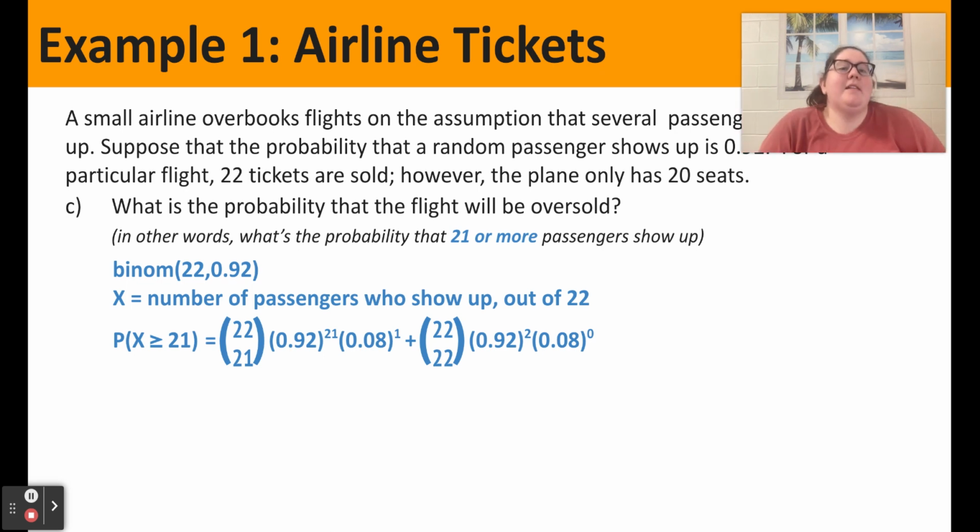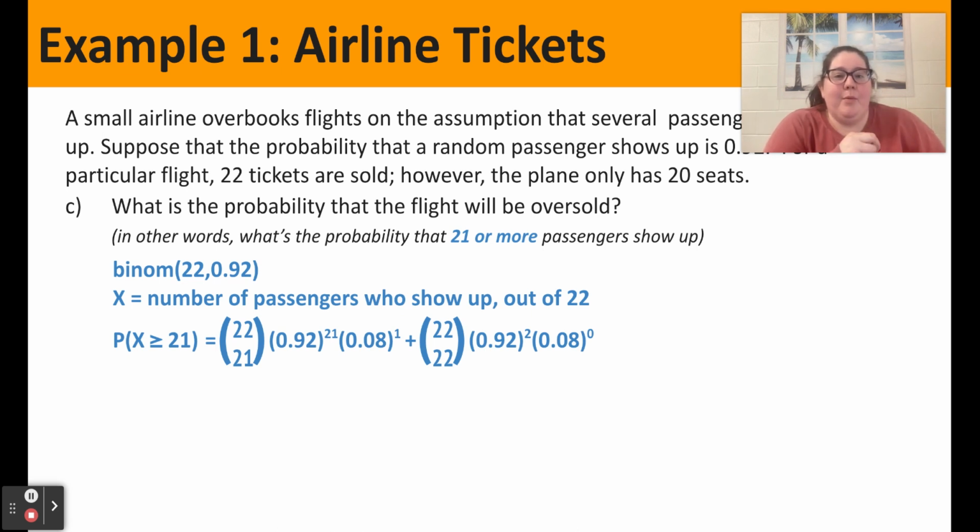The reason that's helpful is if I do binom CDF for 20 or less, which I already did in the last problem, that's the probability that 20 or less show up. All I need to do now is do 1 minus that number. Remember that for all of the options for that variable, the probabilities should add up to 1.